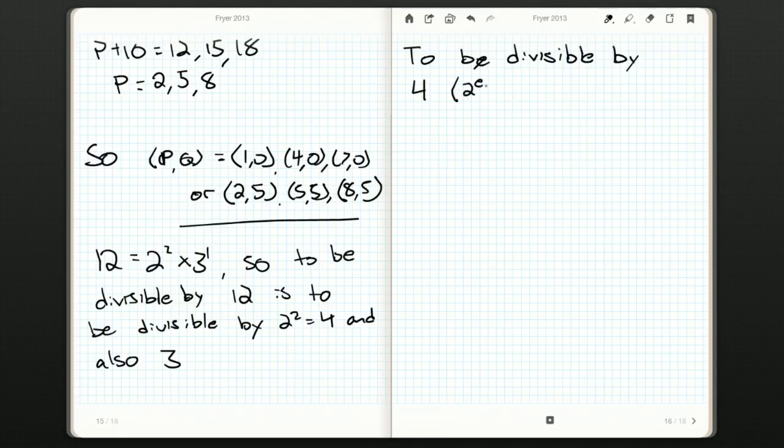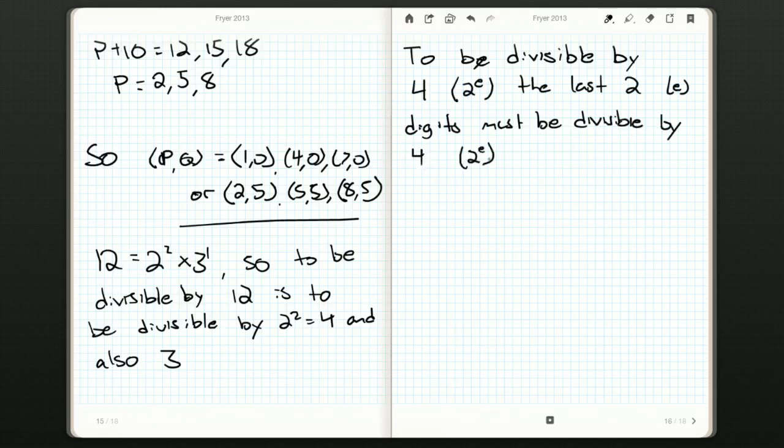So we have 2 to any exponent, really. Okay.